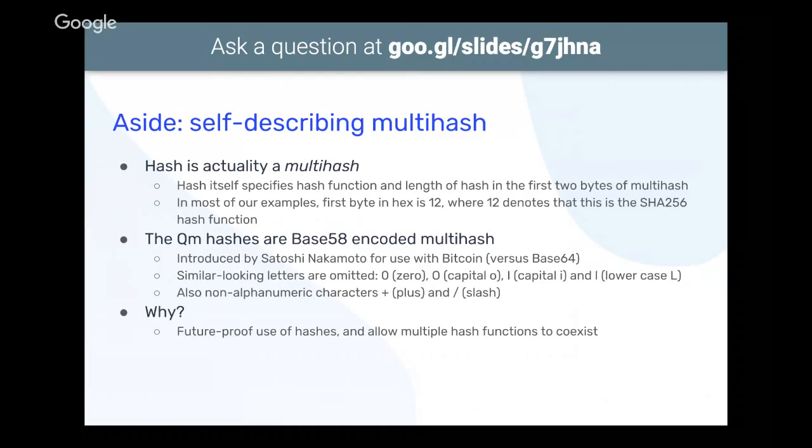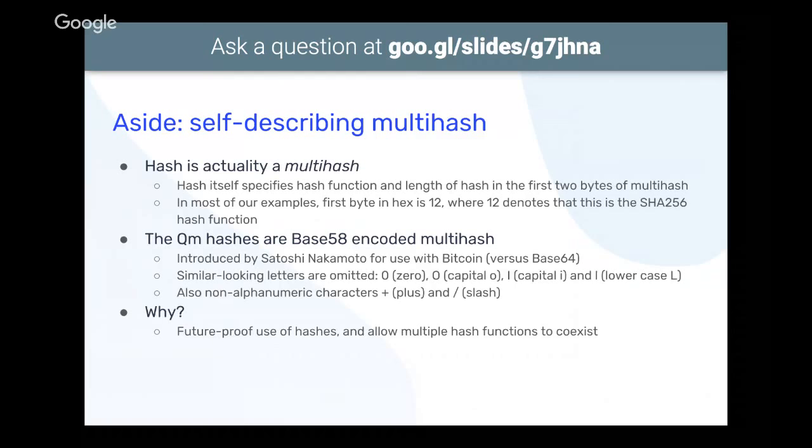So in most of our examples, the first part is in hex 12, which denotes that this is a SHA-256 hash function. And if you go to the multihash GitHub page, you'll see a table which describes the codes used for various different hashing functions. So this is where the Qm comes from. And then what we do is we base58 encode the whole digest to make it a little bit more human readable.